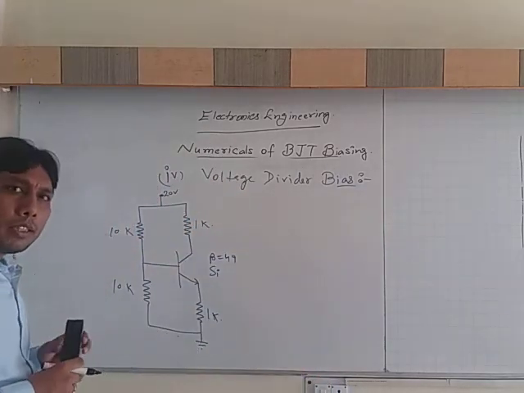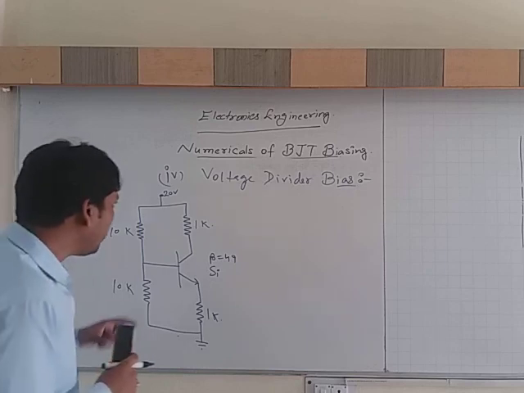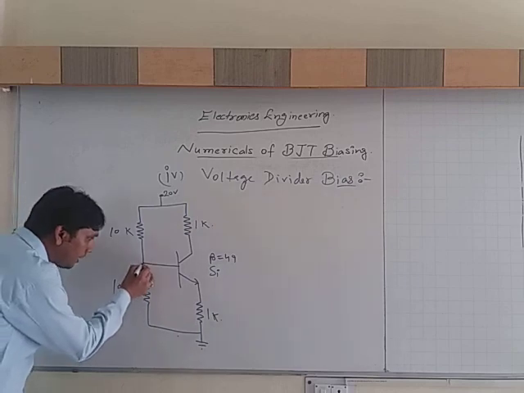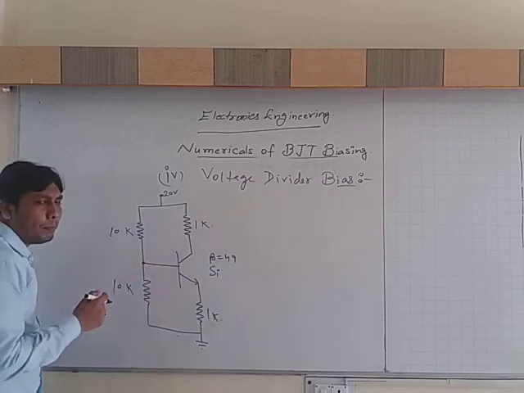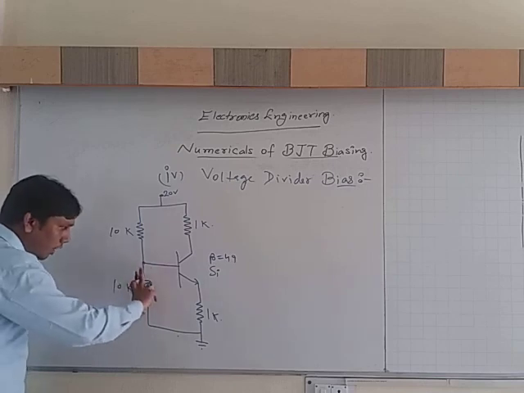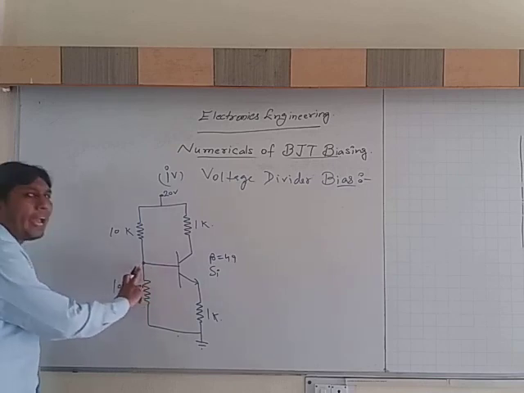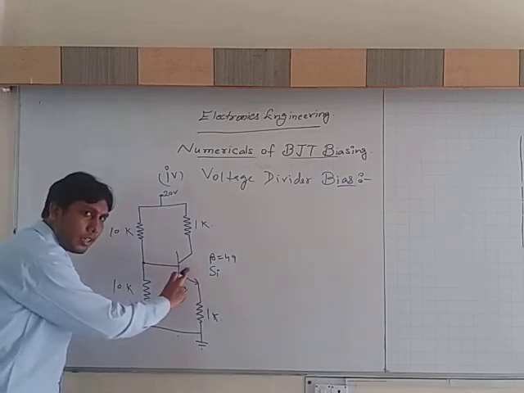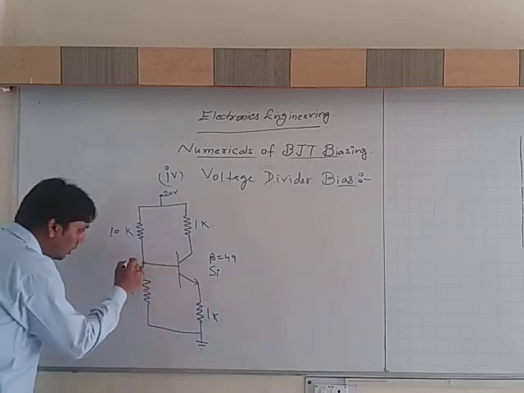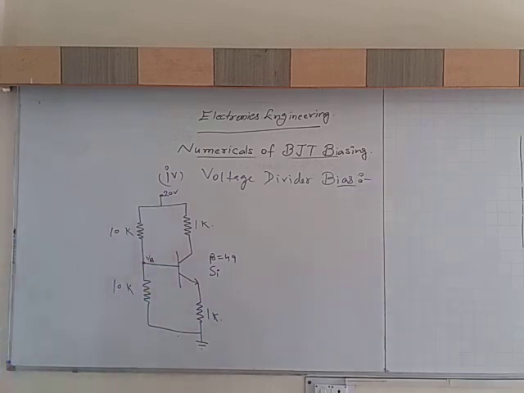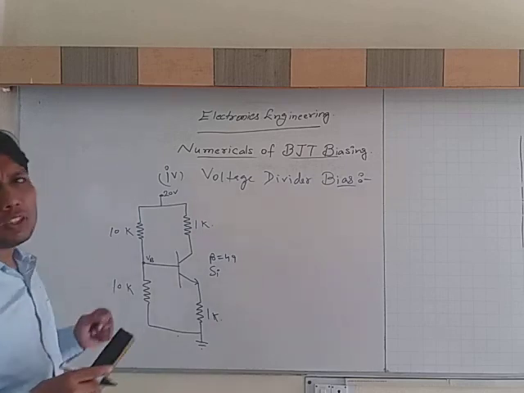To determine the Thevenin voltage, we see that in this circuit the voltage at this point, that is VB or VTH, the voltage across this resistance, will act as an input voltage for the transistor. This voltage VB or VTH will be found with the voltage divider rule.